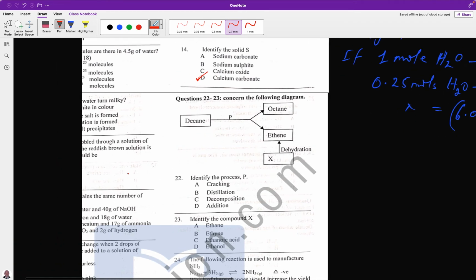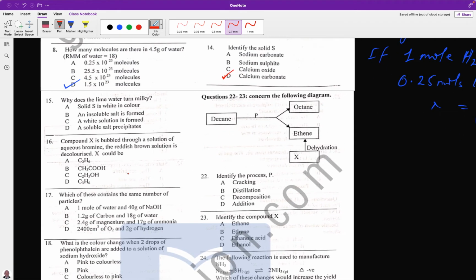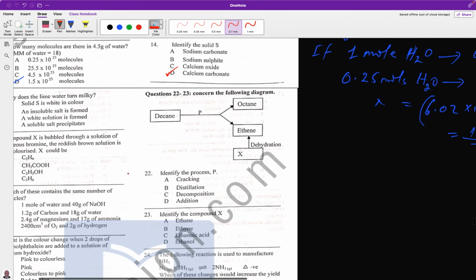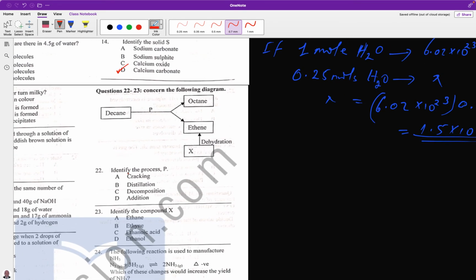Number 15 is, why does the lime water turn milky? Of course, if you look at the reaction, lime water is calcium hydroxide.